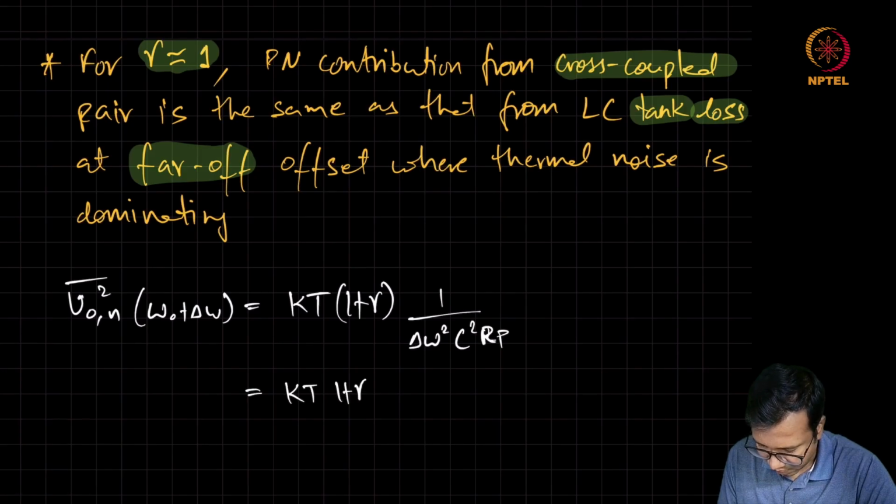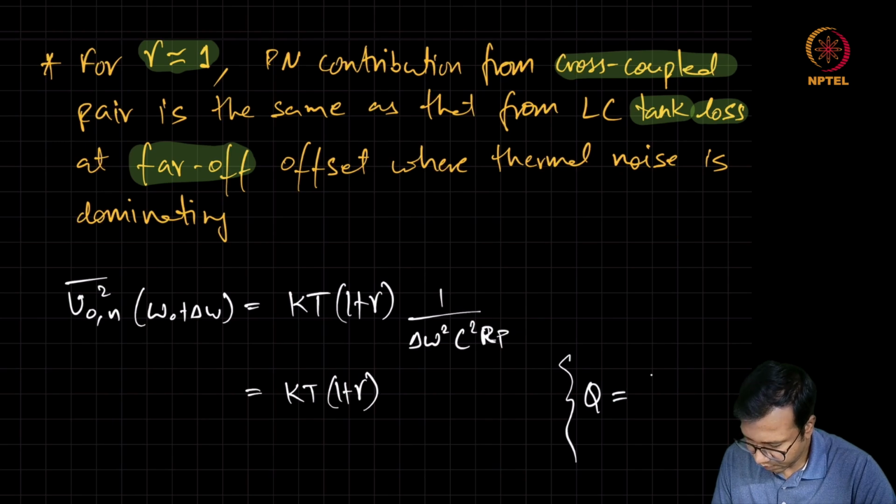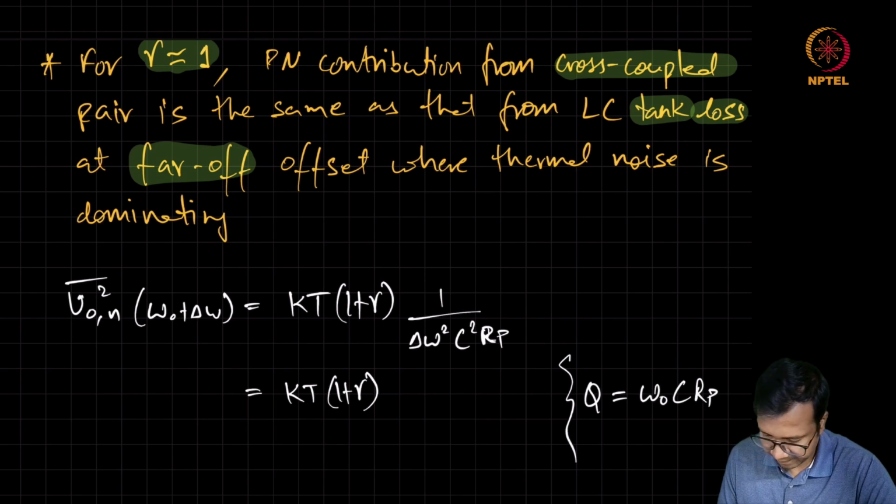We know that the Q tank is equal to omega naught C RP.